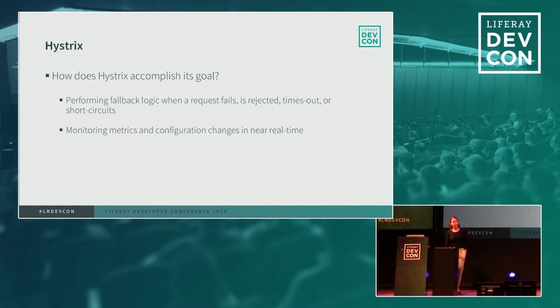And Hystrix will do this by performing a fallback method to your final user, so the user knows what's going on. Besides this, Hystrix gives you a way to monitor your remote services with a great dashboard with a lot of information.